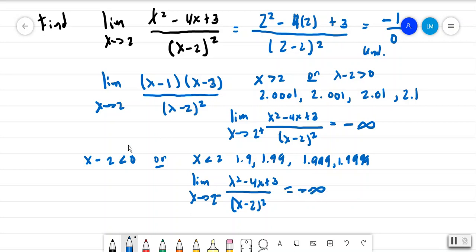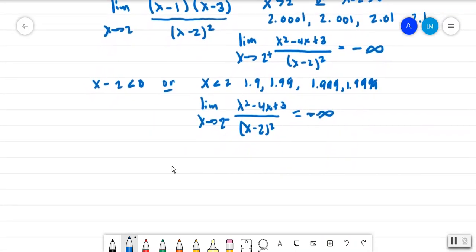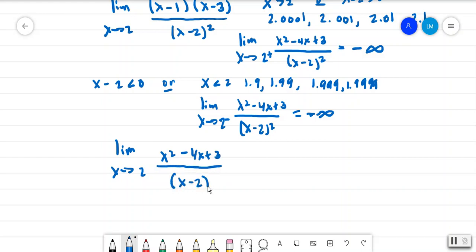Now, what that basically means is that the limit as x approaches 2 for x squared minus 4x plus 3 divided by x minus 2 squared is going to be minus infinity. So we have that it tends towards minus infinity.